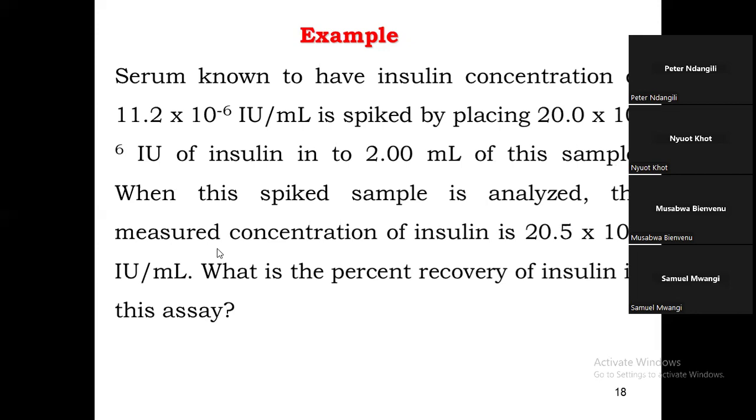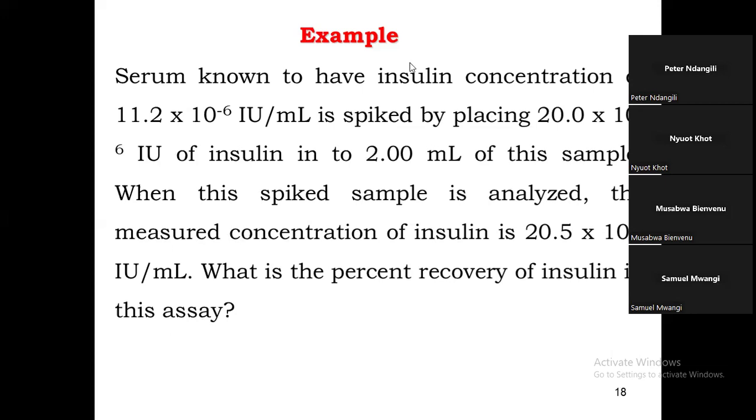When this spiked sample is analyzed, the measured concentration of insulin is 20.5 times 10 to the power negative 6 international units per milliliter. What is the percentage recovery of insulin in this assay?